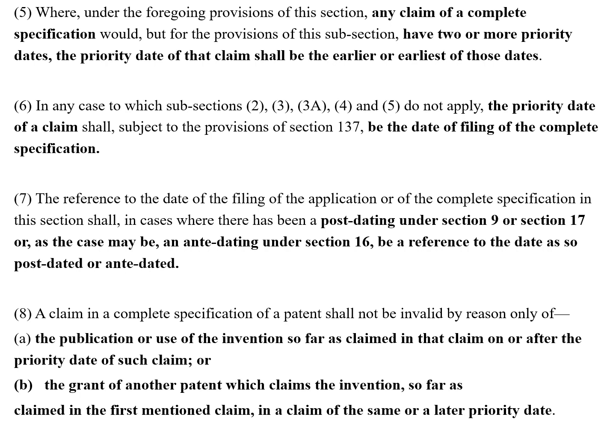Subsection 8 says that a claim in a complete specification shall not be invalid only because of the publication or use of the invention claimed in that claim on or after the priority date of such claim. So if somebody else has published or used that invention after the priority date of such claim, it will not be considered invalid, nor will the grant of another patent which claims the invention claimed in a claim of the same or later priority date.